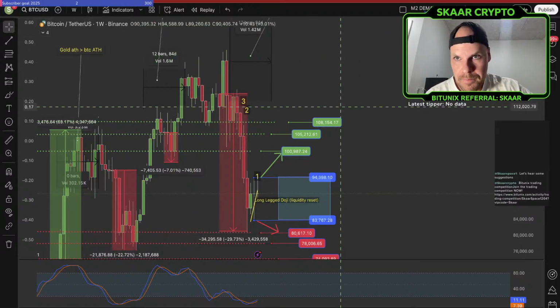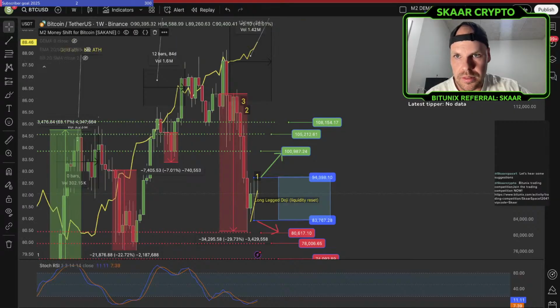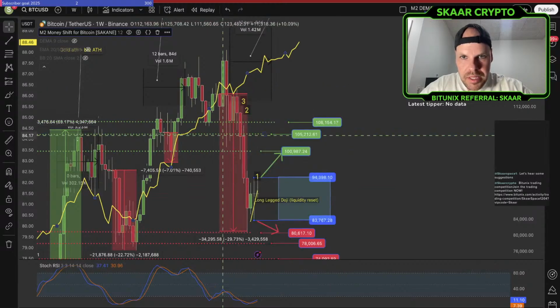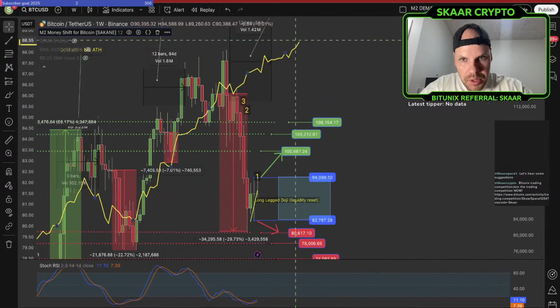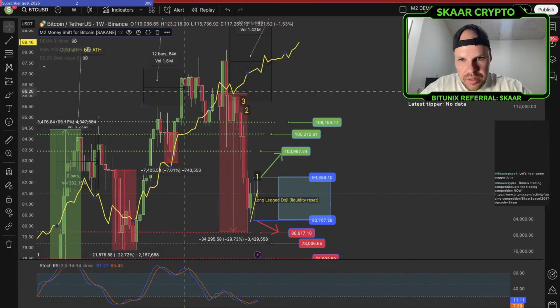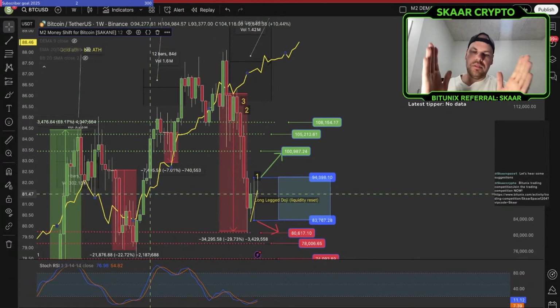But look at this. If we take M2 money supply, we can see, let's change the settings a little bit, 12 weeks, we have the biggest economies basically printing liquidity. That is bullish for the markets, but for some reason here around September, October, M2 decoupled from crypto.